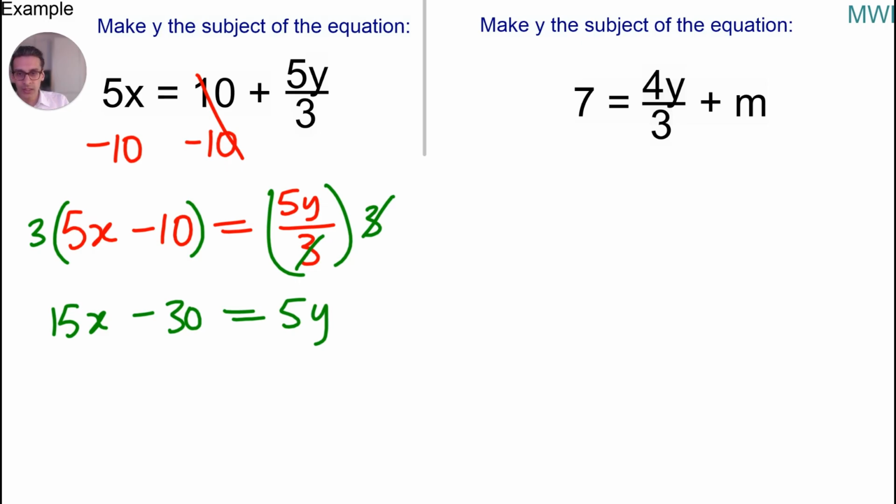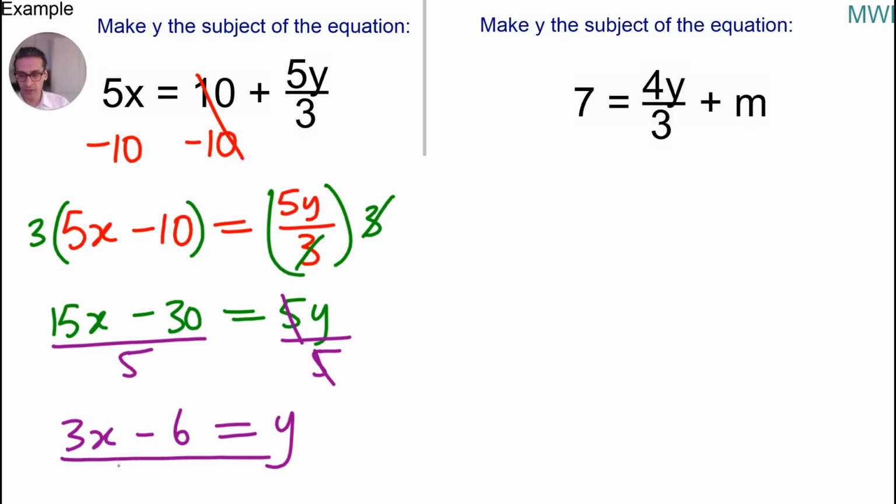Then my next step is I'm going to divide everything by 5 on the right hand side and the left hand side. Now this is convenient because 15x and 30, you can divide both of them by 5. You can get 3x minus 6, because 30 divided by 5 is 6, is equal to, and the 5's cancel out here, is equal to y. There's your answer.